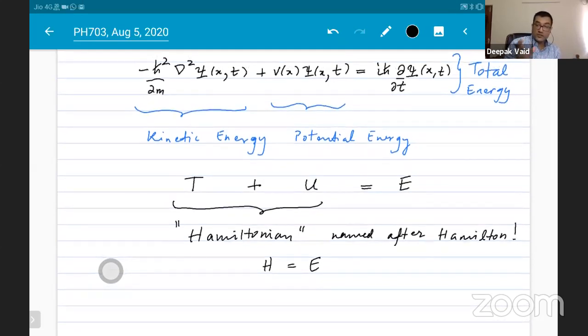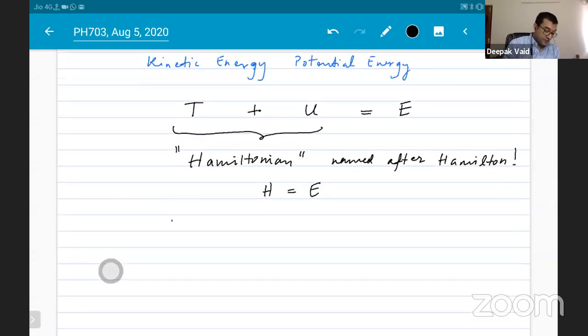We have to use the terminology of quantum mechanics, because what we're talking about is quantum mechanics. So what is this psi of x, t? This psi of x, t is our state. It's a state of your quantum system, right?